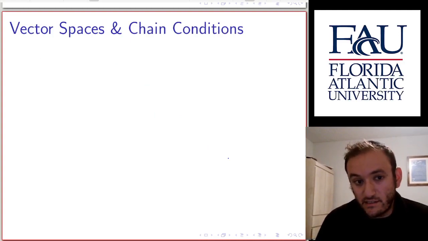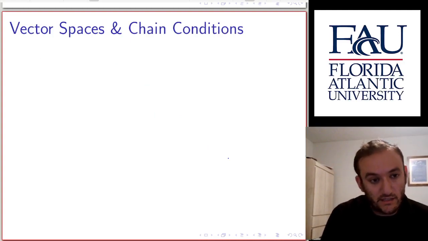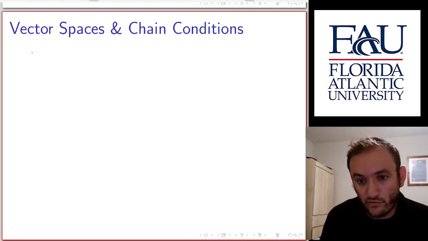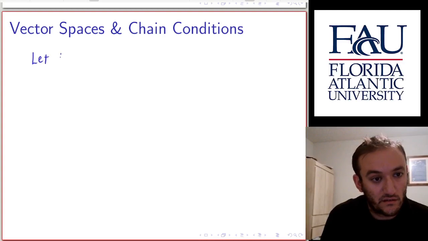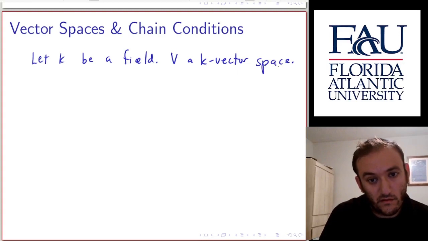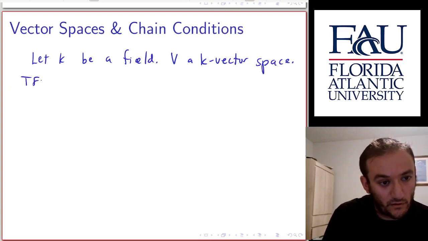Finally, I'd like to discuss vector spaces and chain conditions. So if you have a vector space over a field K, so let K be a field, and V a K vector space, then the following are equivalent.